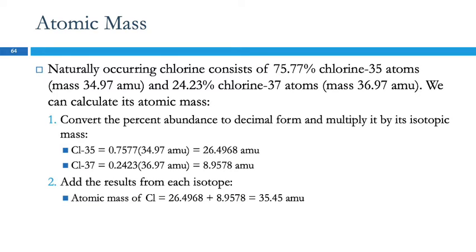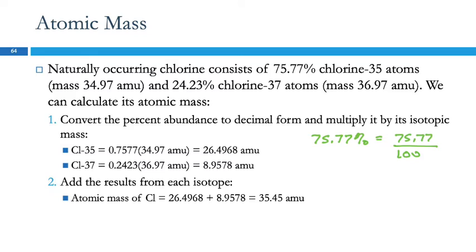So this is how we use abundances to calculate an average atomic mass. We're going to convert the percent abundance to decimal form. So what does that mean? Well, 75.77% really means 75.77 out of 100, right?